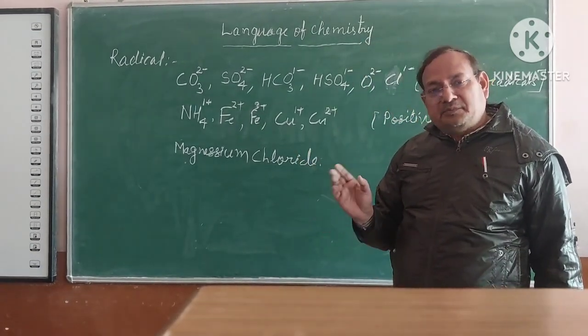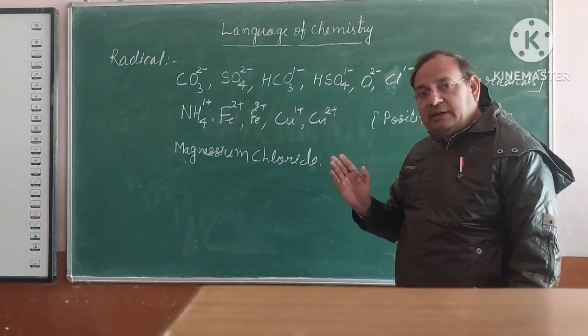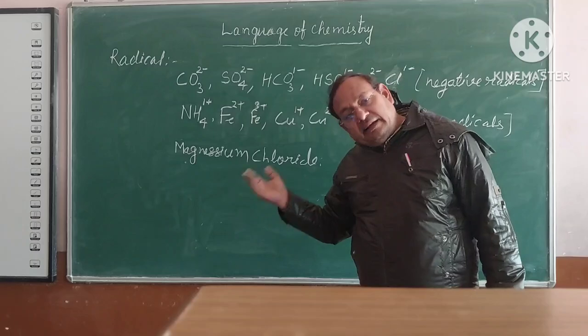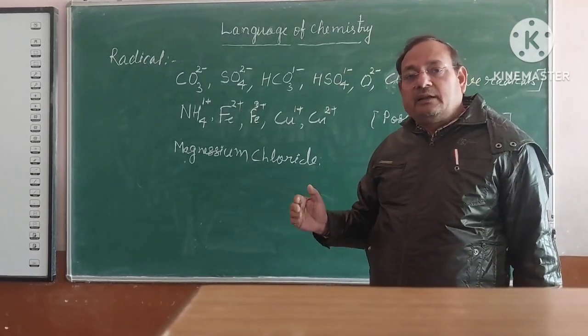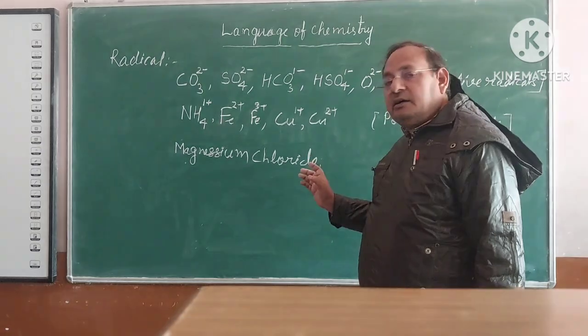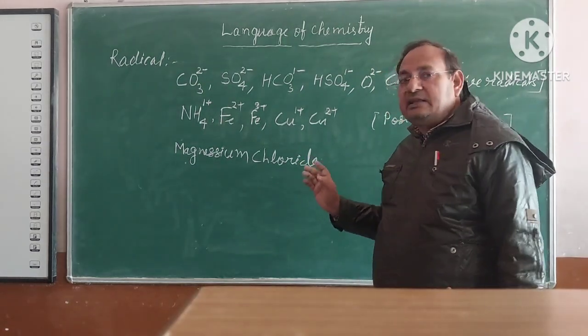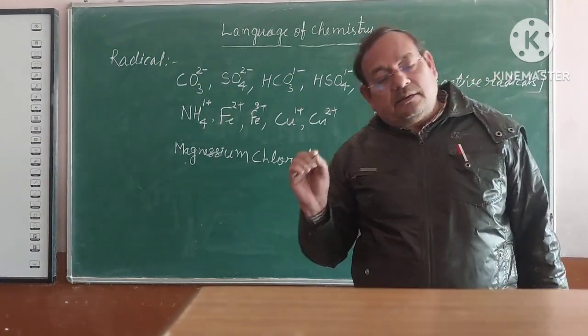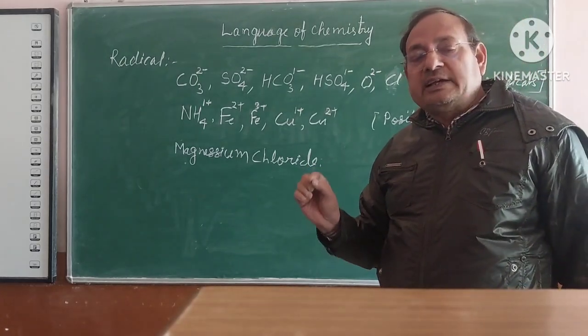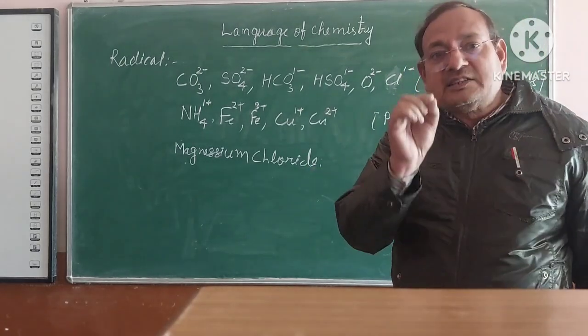First we will write the magnesium radical, then I will write the chloride radical. Then again we will do the method of crisscross. It means the balancing numbers will be interchanged and written downside of the radical in small case.